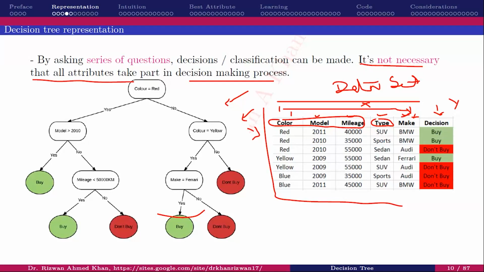Yes, Iman, do you have any question? Sir, on what basis do we decide which attributes are going to take part in the decision making process? Good question, we will come there. You have probably heard of something called information gain.